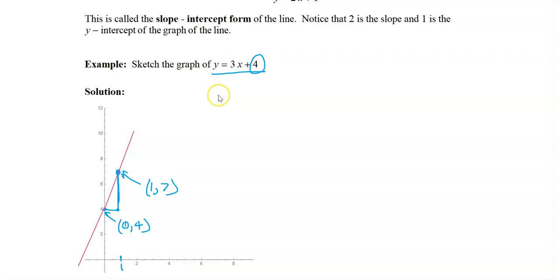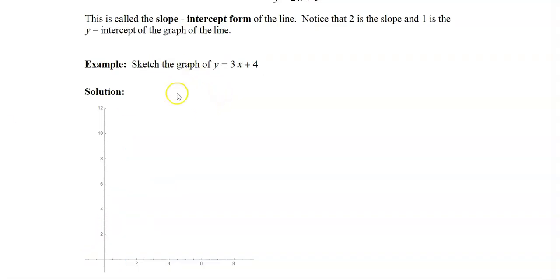Now if the 3 right here were negative, let's say we want to sketch the graph of that. In that case, if we were sitting here and we went 1 unit to the right, then we would have to go down 3 units.